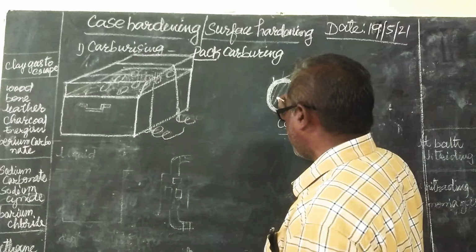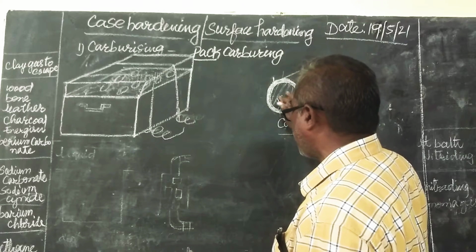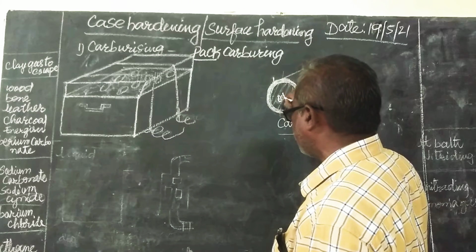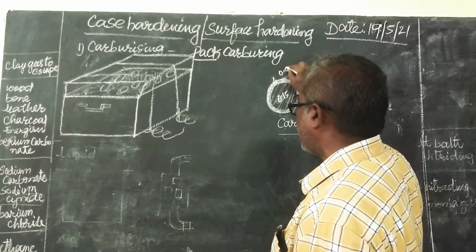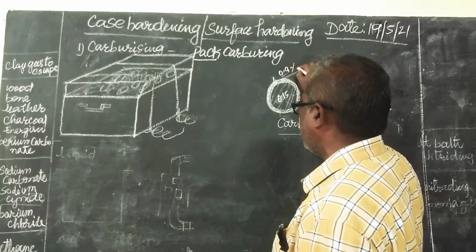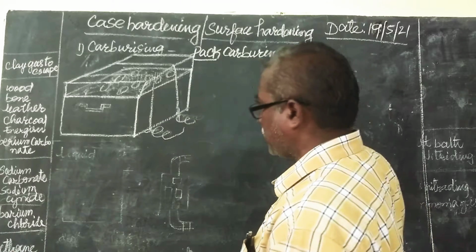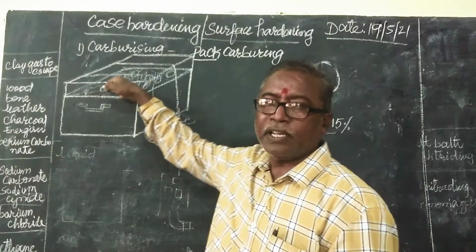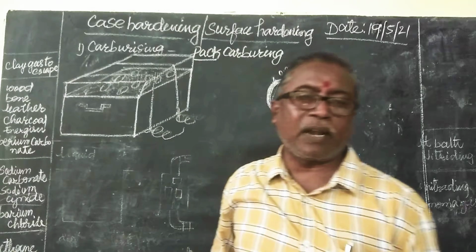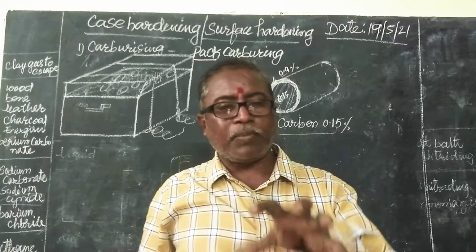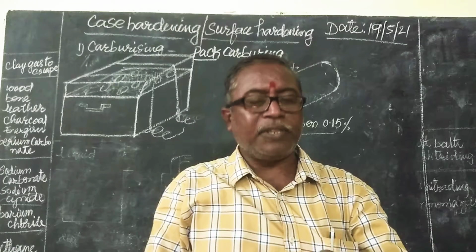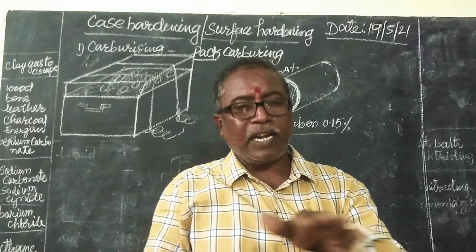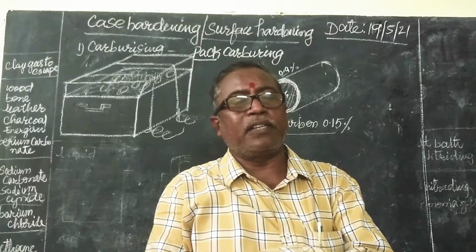Actually the inside core is 0.15% carbon, and outside it will be 0.9% carbon, formed on the surface by doing this pack carburizing. In this pack carburizing, after packing the material, it is tied with wire, with clay between the top cover and the box.